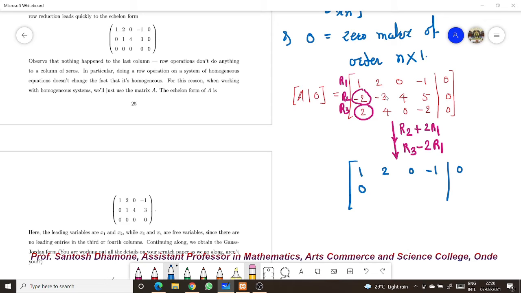Continuing along, we obtain the Gauss-Jordan form. We are working out all the details on your scratch paper as we go along, aren't you? If you perform any other row operation, the matrix obtained is not a Gauss-Jordan form.